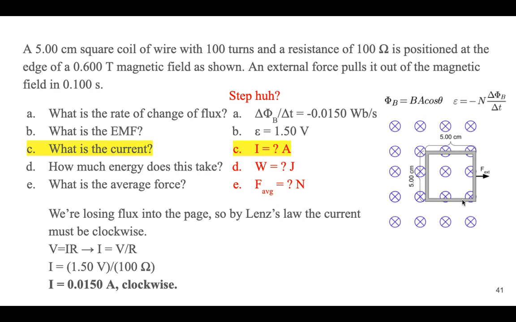So do your grip rule going around this square loop, and you will see that your induced current needs to go clockwise in order to create a magnetic field into the page to counteract the change in flux into the page that we're losing. I feel like what I just said is accurate, and yet is going to sound complicated.